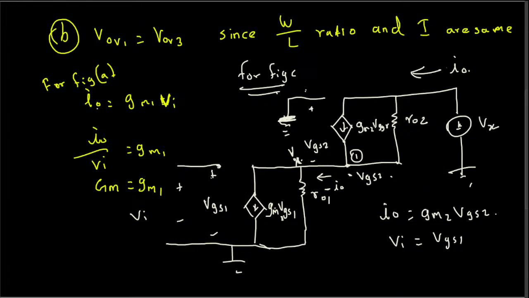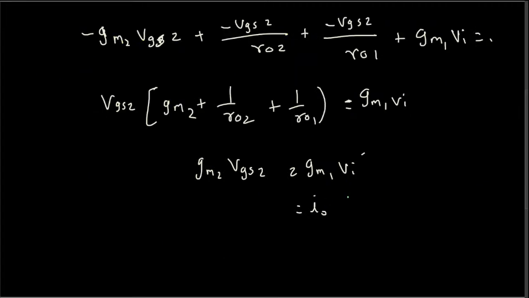And GM2 VGS2 is also I naught. So I can either replace I naught with this one or this one.